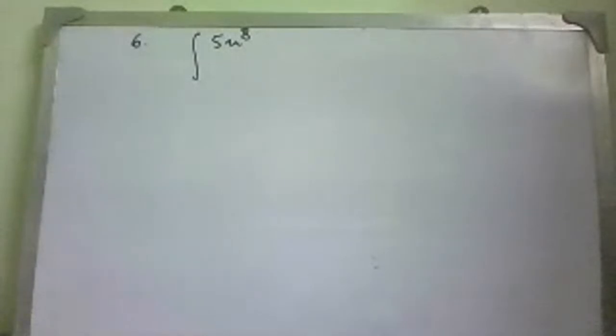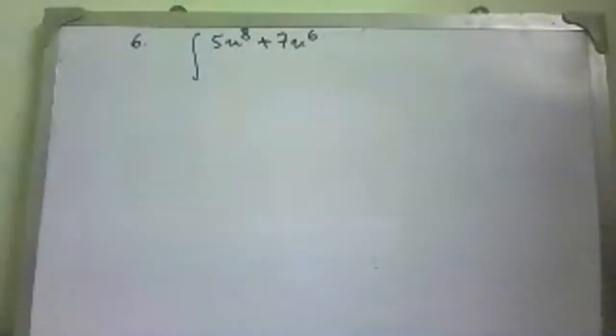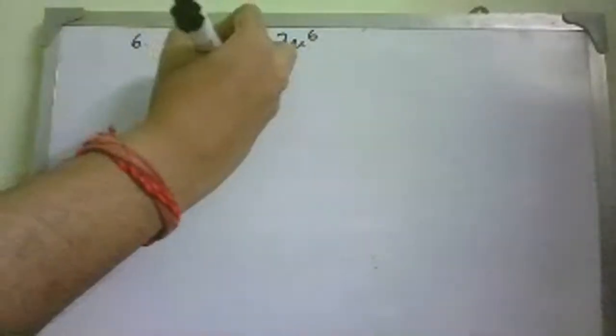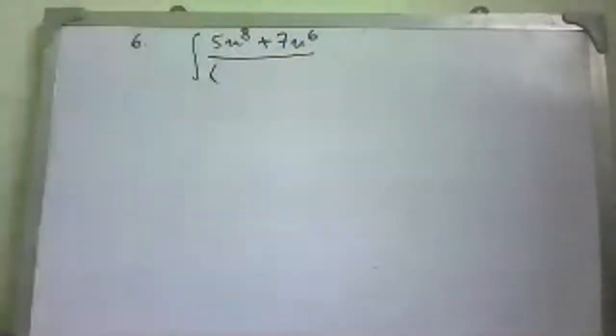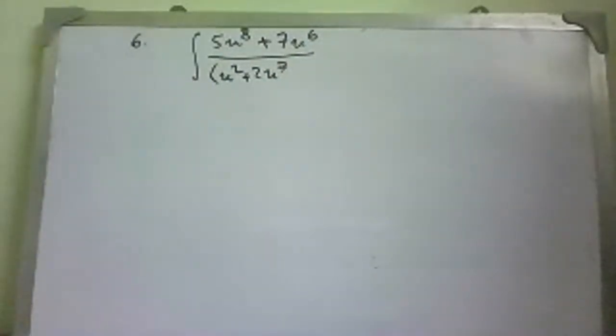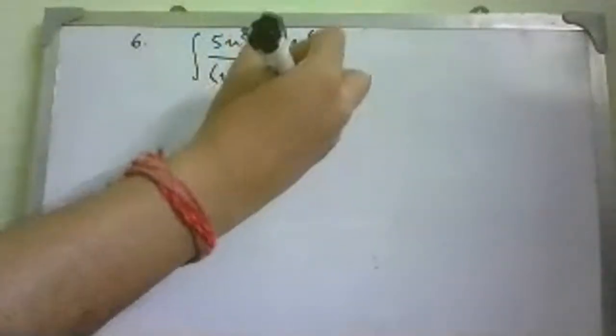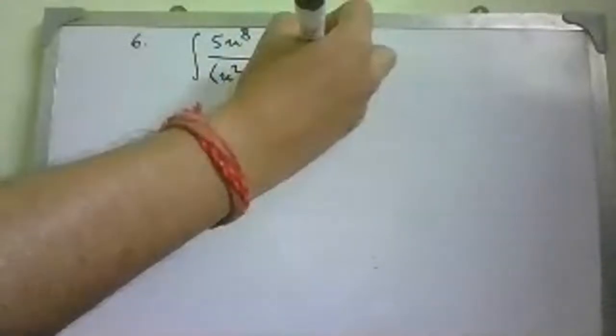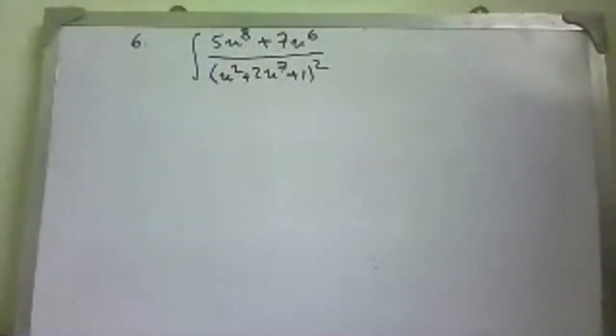It's the integral of 5x to the power 8 plus 7x to the power 6, over (x squared plus 2 times x to the power 7 plus 1) squared.